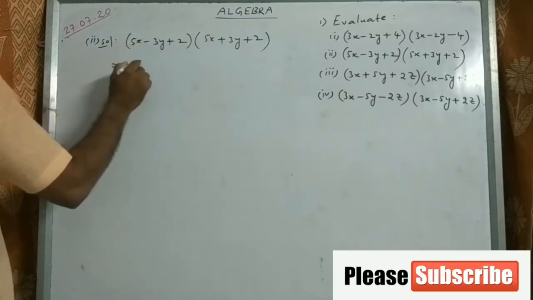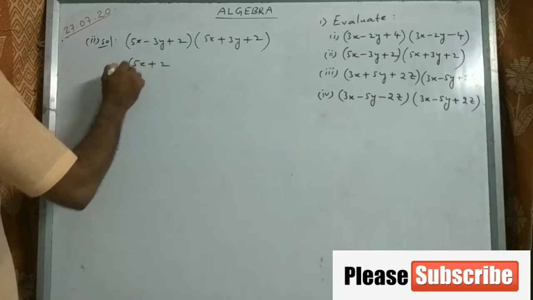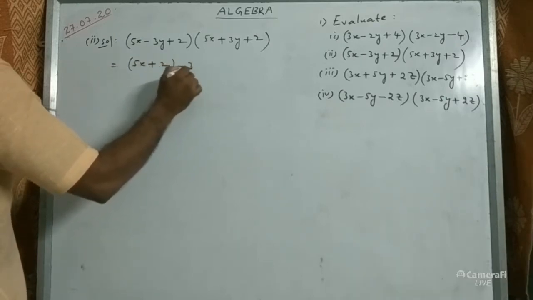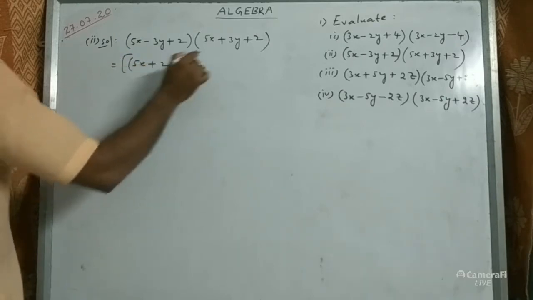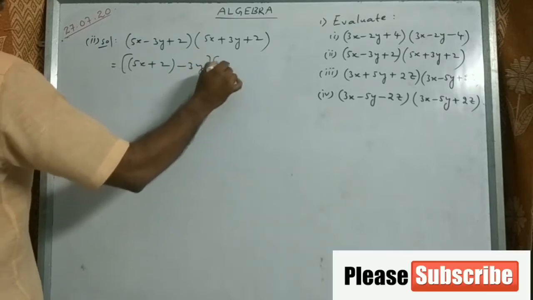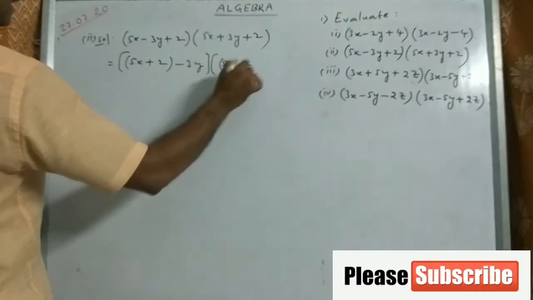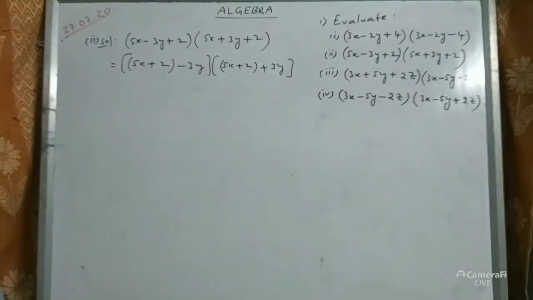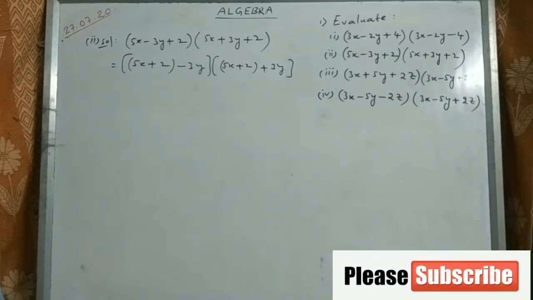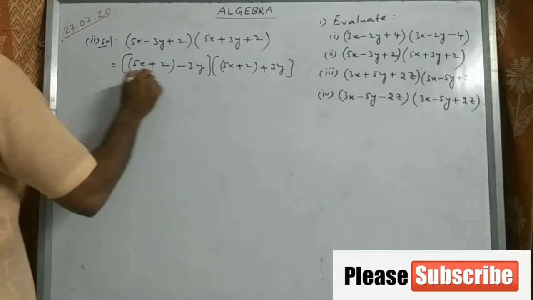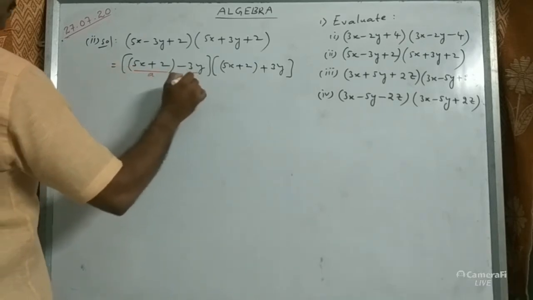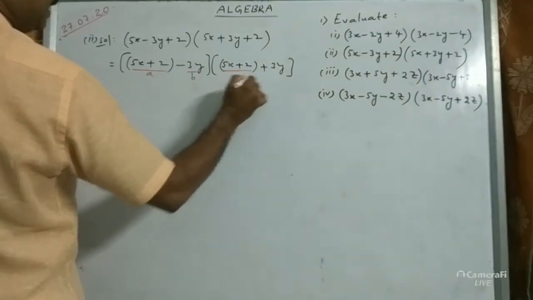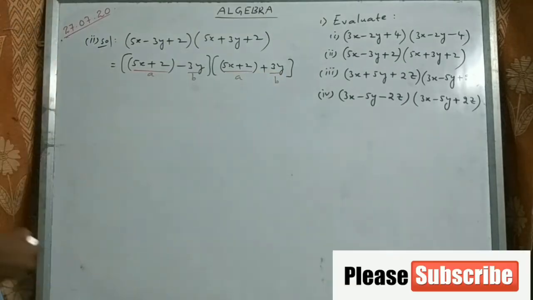Then I will do one thing. 5x + 2 write together minus 3y write together. Here also 5x + 2 write together plus 3y write together. Now is that okay? See, it is a - b, a + b.